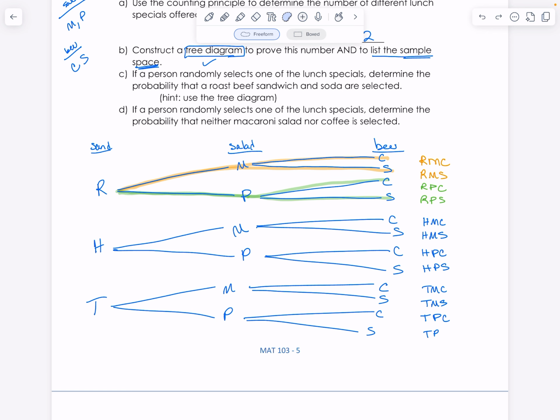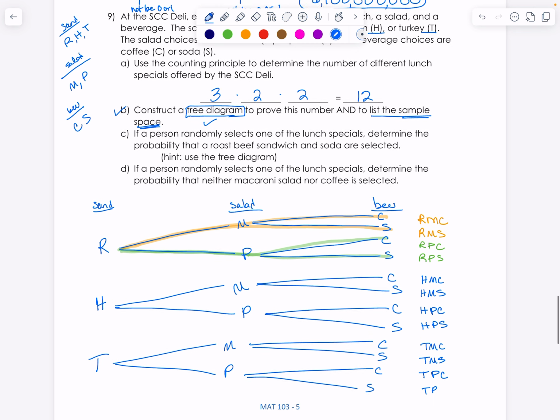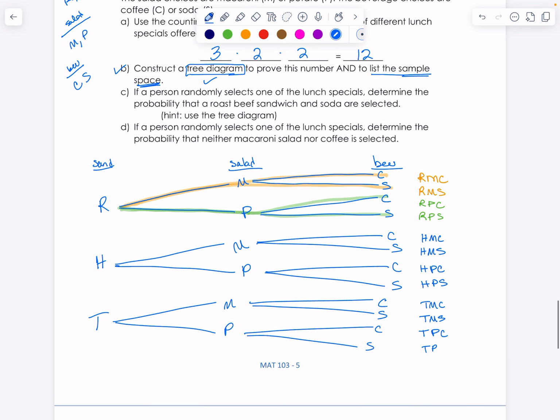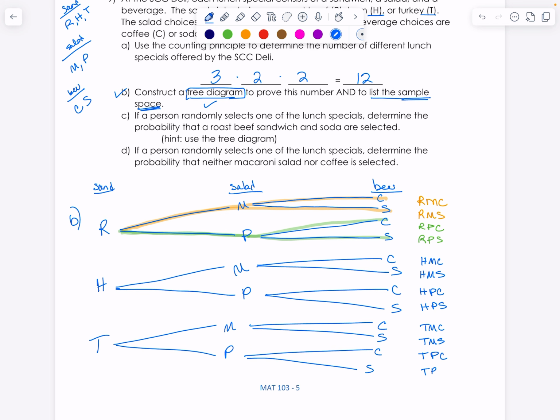So we've done letter B. We constructed a tree diagram and listed the sample space. Now my C says we're going to draw somebody at random and determine the probability that a roast beef sandwich and soda are selected.